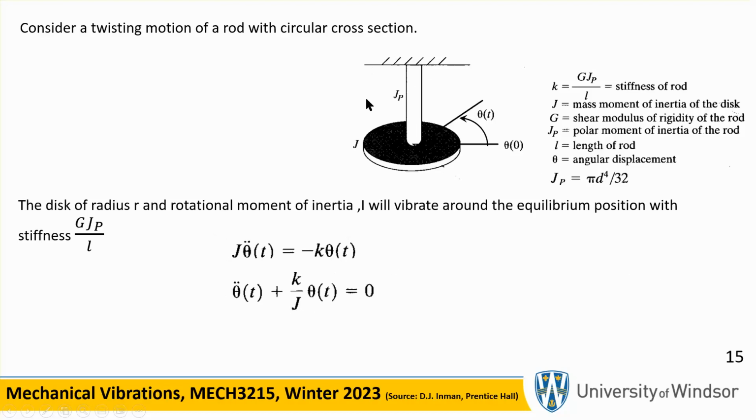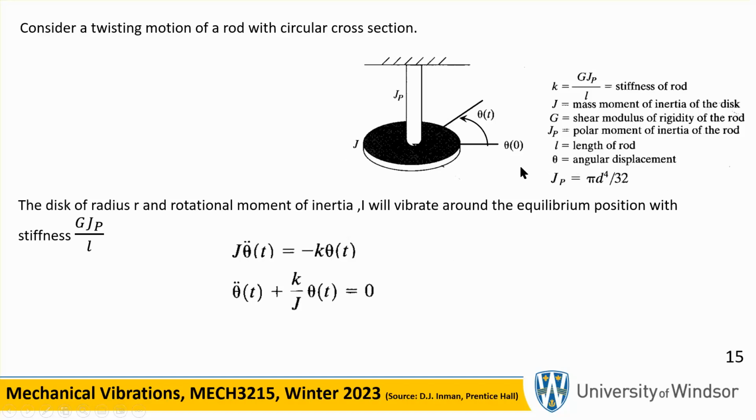So if you're dealing with torsional vibration, J is what's going to pop up, which is J of the wheel. If this was a solid, uniform disc, the J of this wheel will be 1/2 mr squared.